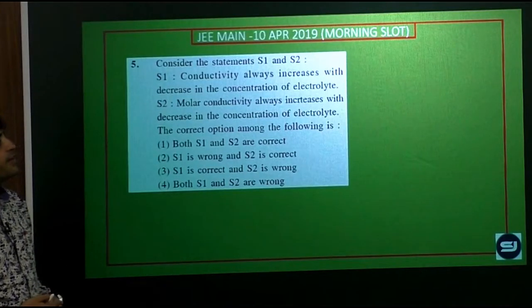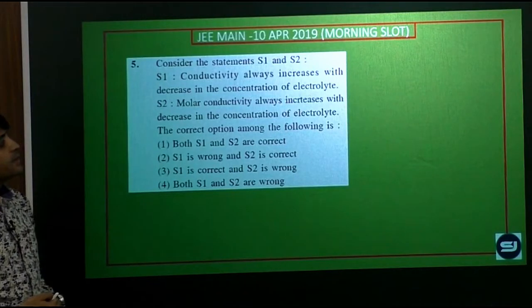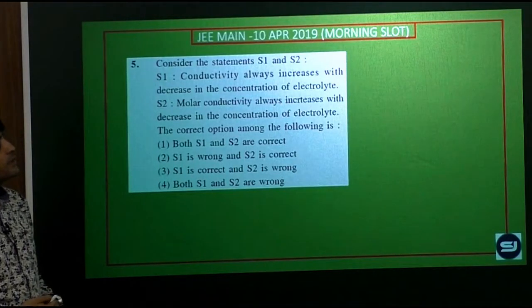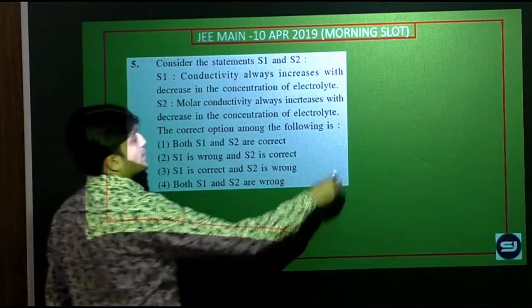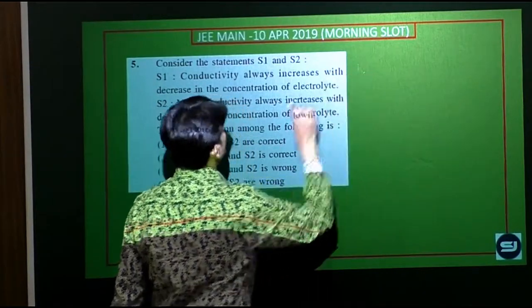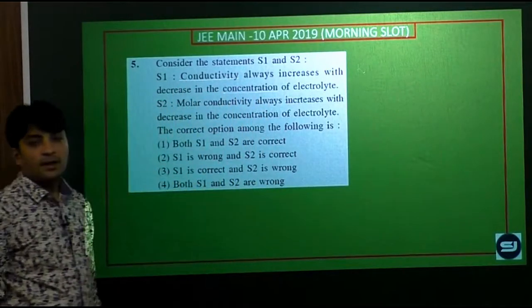Consider the statements S1 and S2. Two statements are given. S1: conductivity always increases with decrease in concentration of electrolyte. Now, the conductivity K is to be related with the concentration.